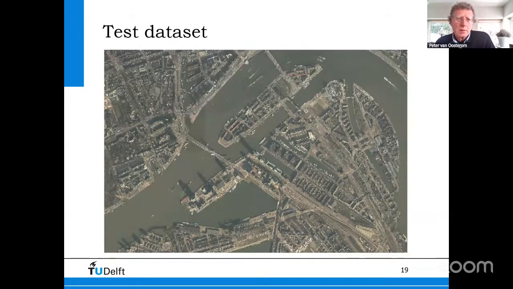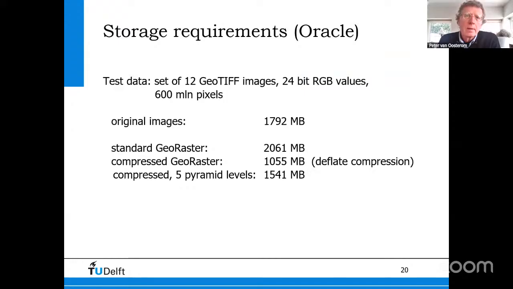This is some testing that we did already some time ago. This is an image of Rotterdam, the city center and the river. This data set was stored in 12 GeoTIFF images with 24 bits RGB values with this resolution of 600 million pixels. And the original TIFF files were 1.8 gigabyte.